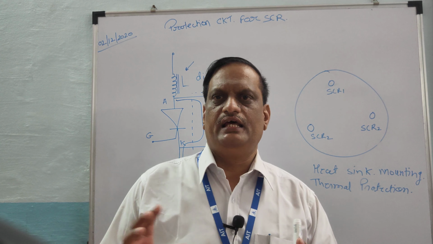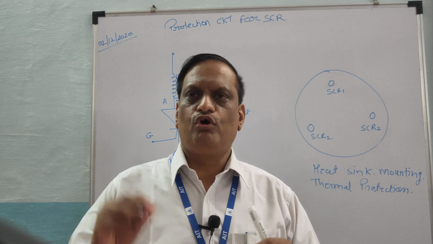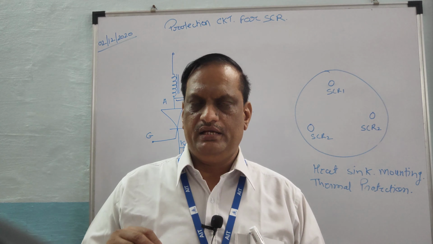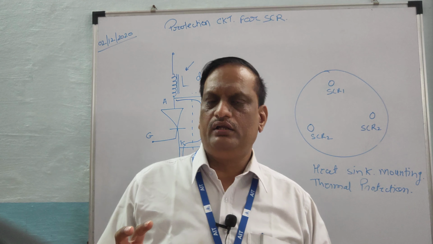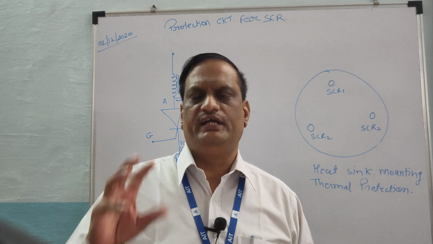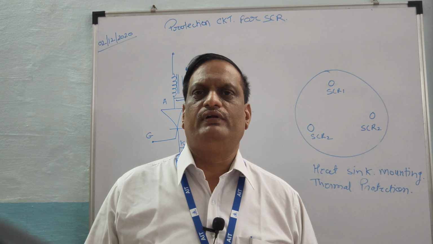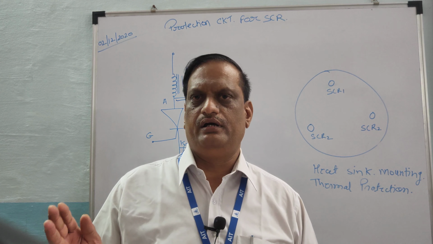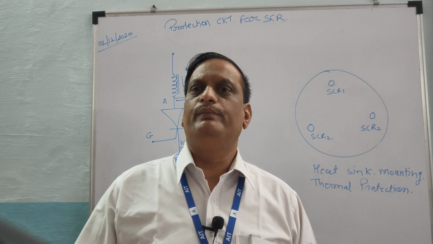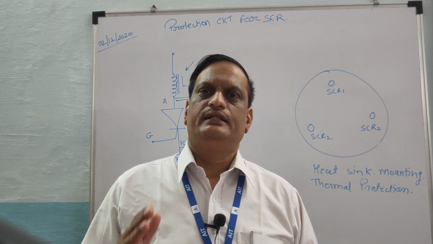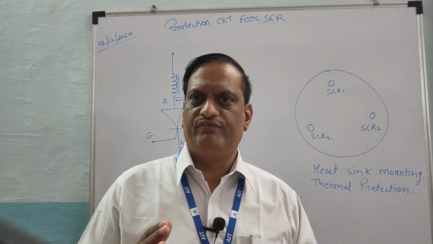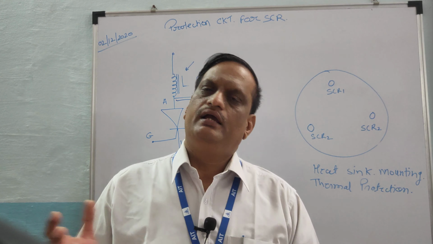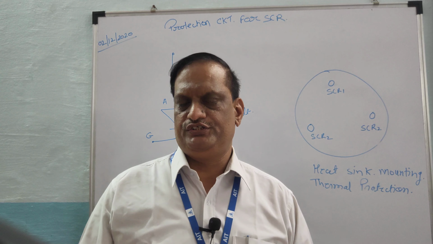Now there are so many cases where a number of devices need to be connected in a particular circuit. Now, if these devices are not connected properly on a heat sink, the distribution of heat and power dissipation will be different, and because of the different sharing of the heat sink, the device may get damaged.